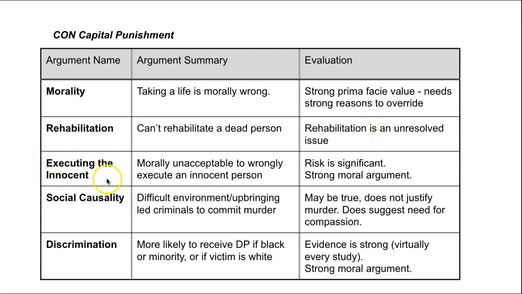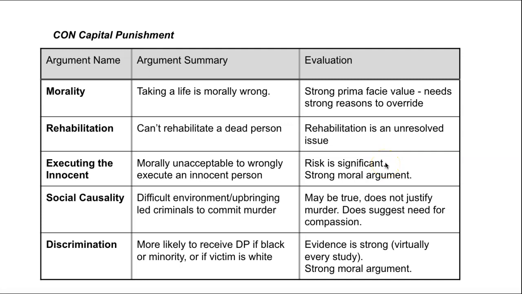The third argument, executing the innocent, states that it is morally unacceptable to wrongly execute an innocent person. Now that is something that almost everybody will agree to. Taking a life is morally wrong, you may have people on both sides of it, but taking the life of an innocent person, I think almost everybody would agree to that. And the evidence shows that the risk is significant of innocent people being executed.